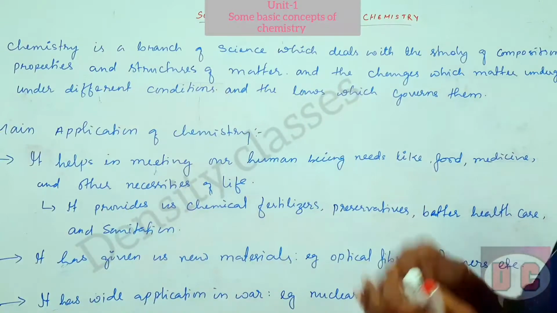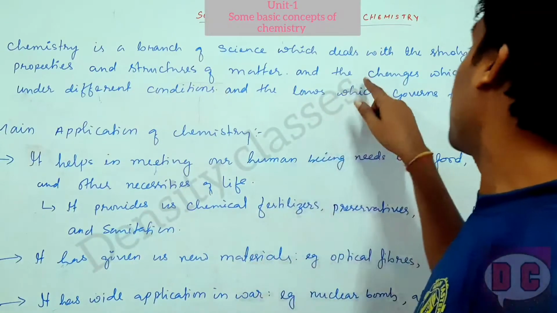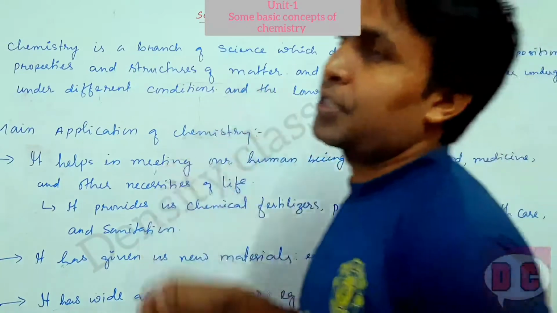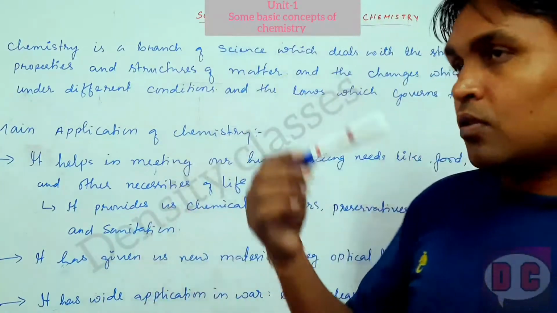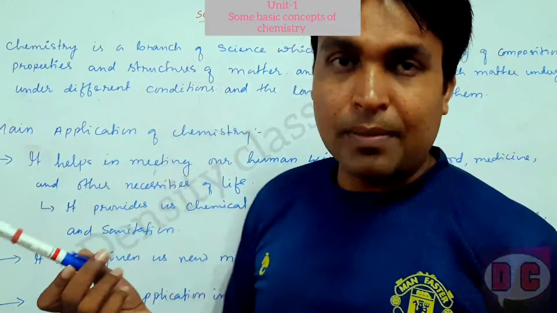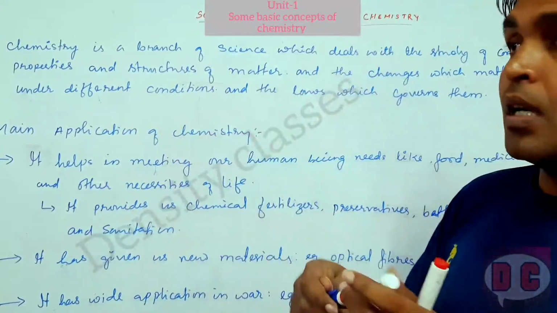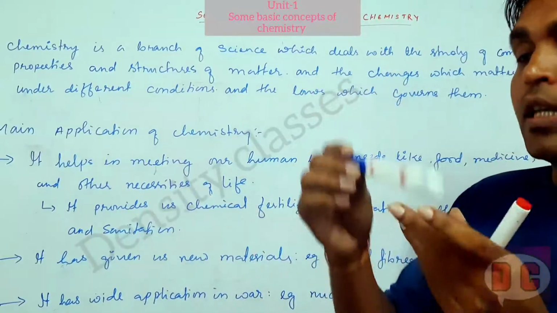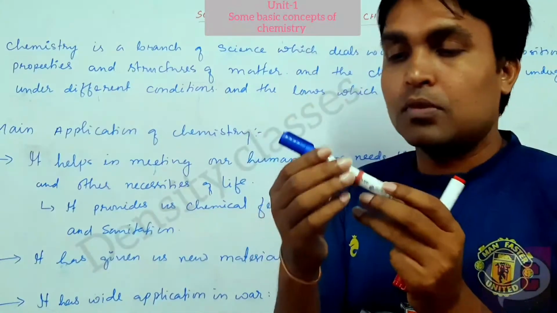Now, in chemistry we also learn about the changes which matter undergoes under different conditions. Like this marker: right now it is at room temperature, so the marker is in solid form. If I increase the temperature to maybe 90 or 100 degrees Celsius, this marker may no longer be in solid form.